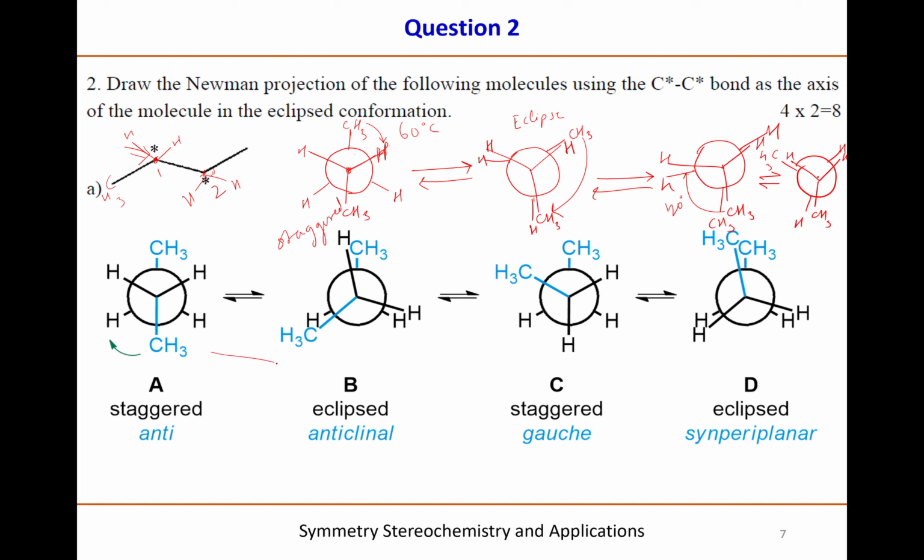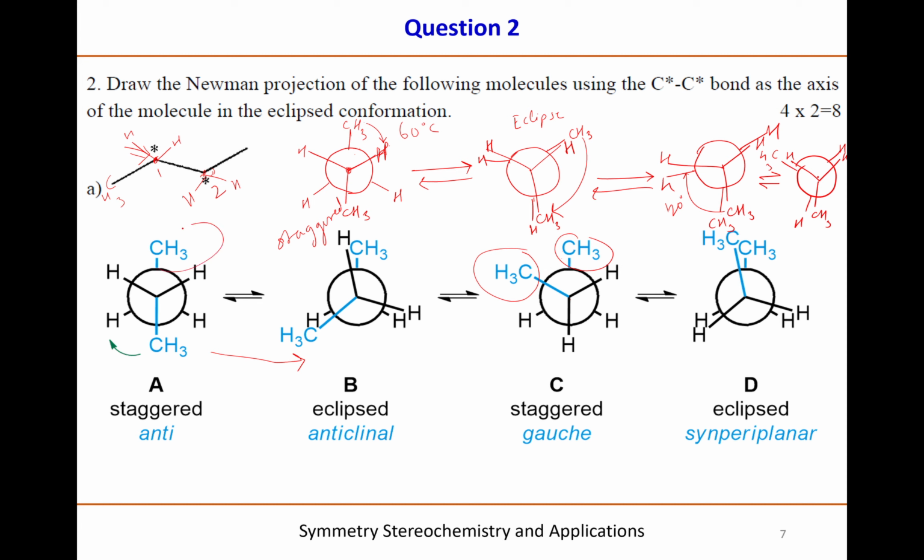We started with the staggered conformation, then we made it eclipsed, anticlinical, and then staggered gauche, when the two methyl groups are next to each other. In staggered conformation, that time it's called a gauche interaction.